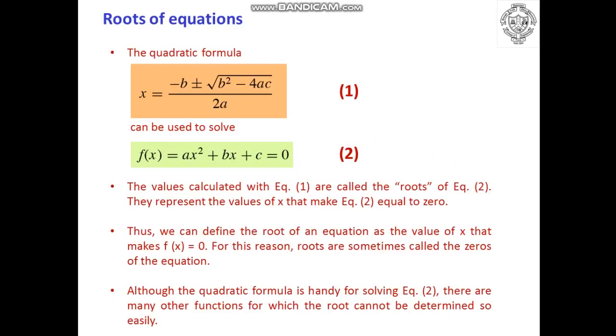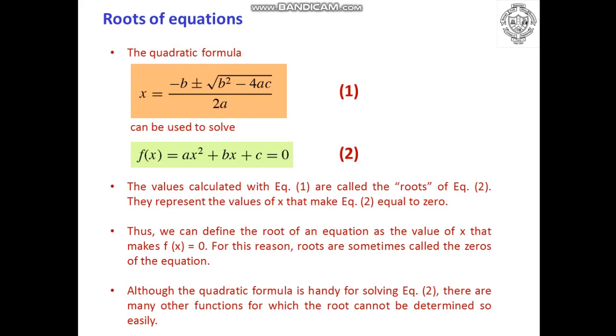As we know, the quadratic formula, which is written here as equation 1, x is equal to minus b plus or minus under root b square minus 4ac divided by 2a, can be used to solve the equation assigned as number 2, which is f of x is equal to ax square plus bx plus c is equal to 0.